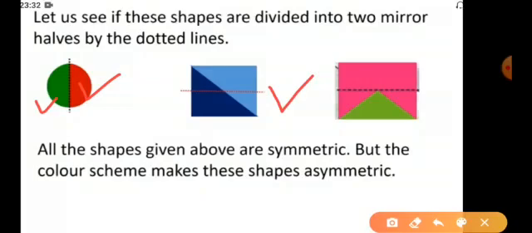So this shape will also become asymmetric. Same way in this third rectangle we can see that designs are different in the upper part of this rectangle and the bottom part of this rectangle. So we can say that this shape will become asymmetric.